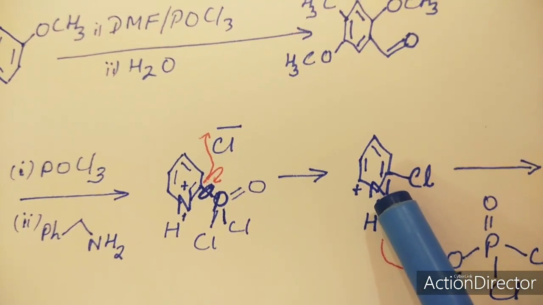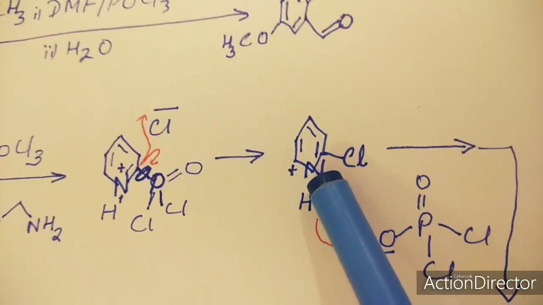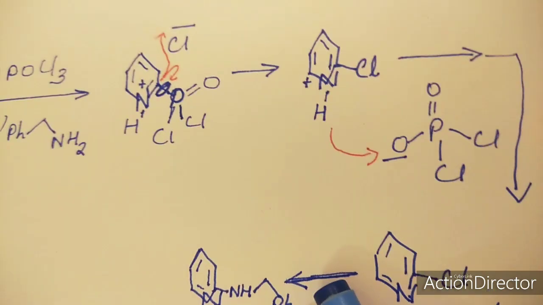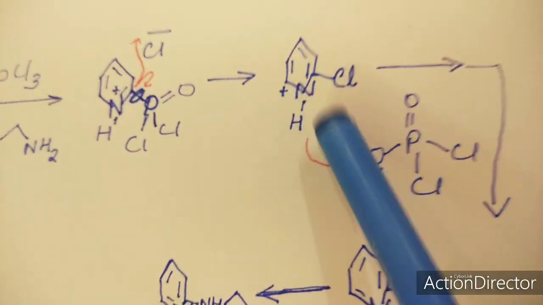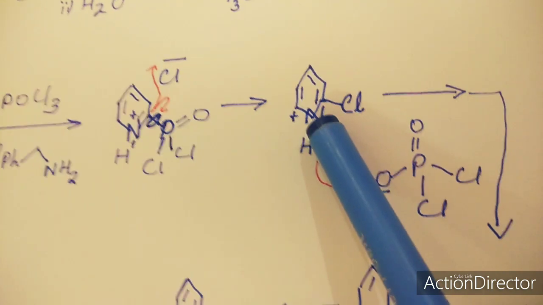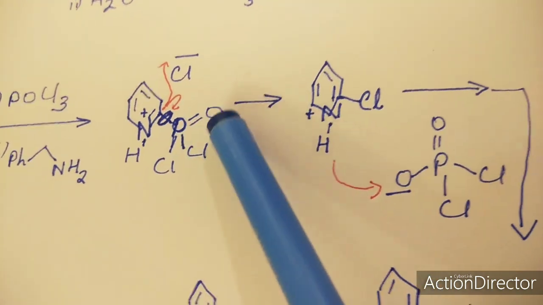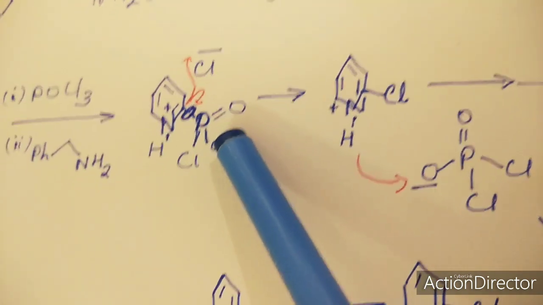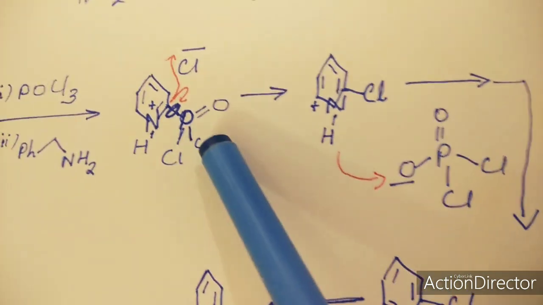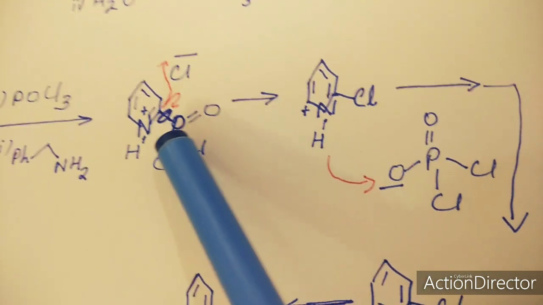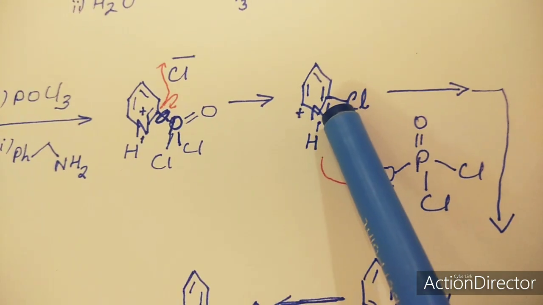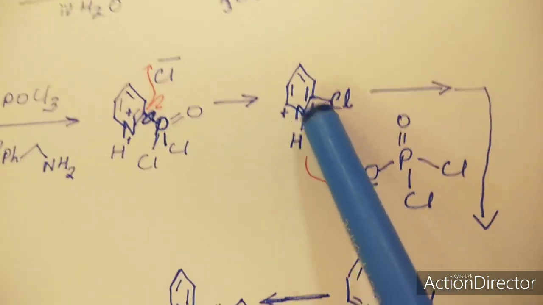So that has been formed, and once this has been formed, the reaction will proceed further. Because we have got P, this is now POCl2, a good leaving group. With O negative it will leave, so the Cl will be coming to this position.